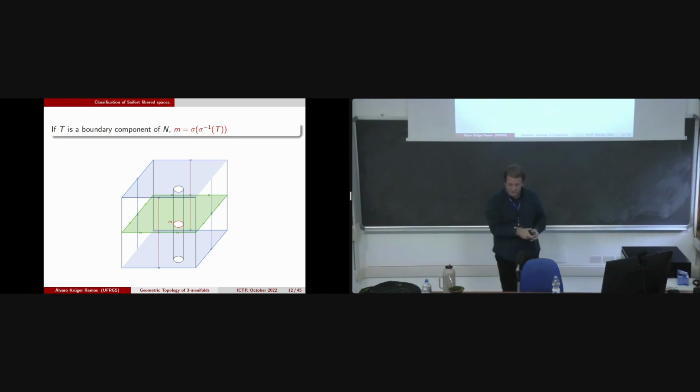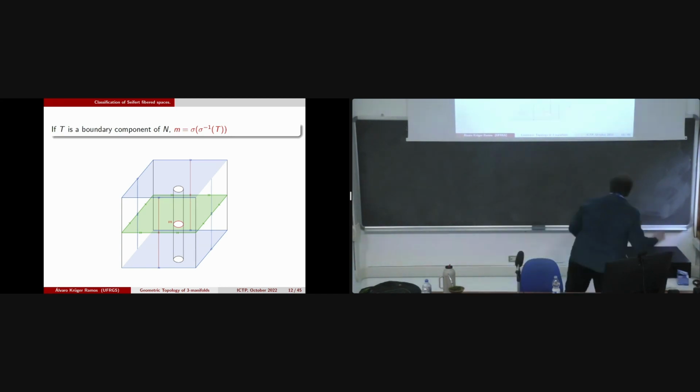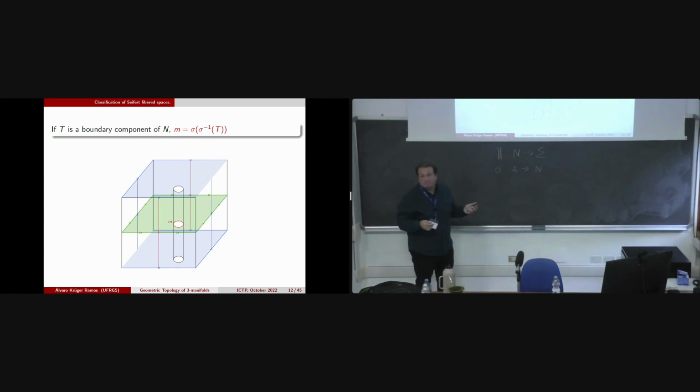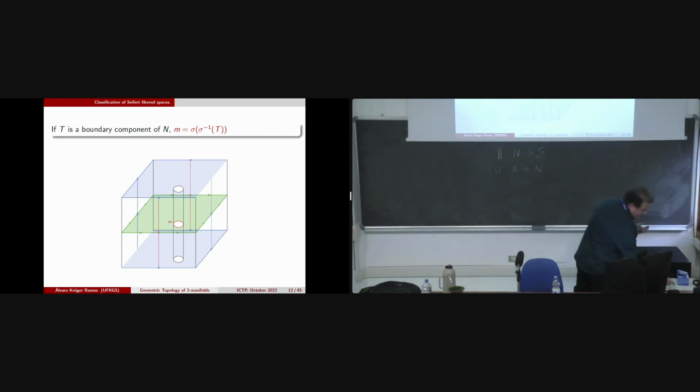So remember sigma, we have this projection from N to your surface sigma, and we have this cross section from sigma to N. So we have a torus in the boundary of N, and we may look at the inverse image of this torus by sigma.